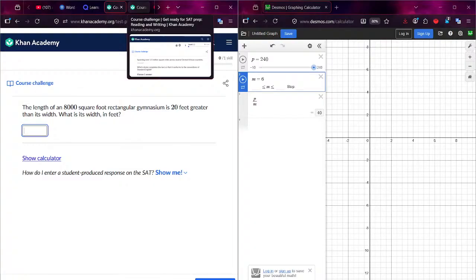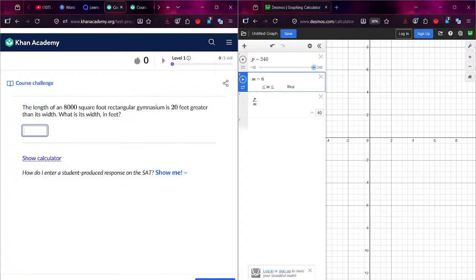So the length of an 8,000 square foot gym is 20 feet greater than its width. This is a pretty standard question you can do pretty quickly. The length is 20 feet greater than the width, so the length is going to be the width plus 20.